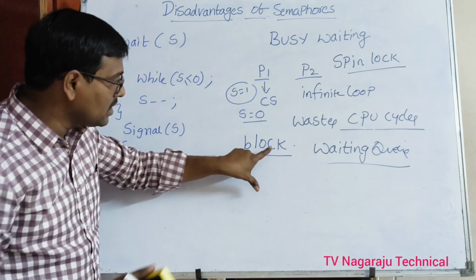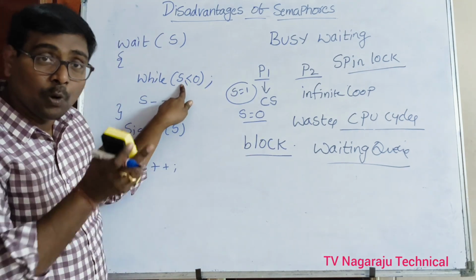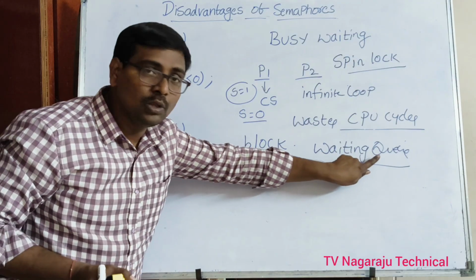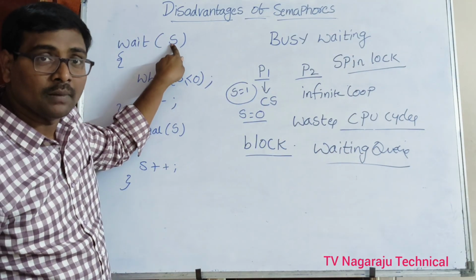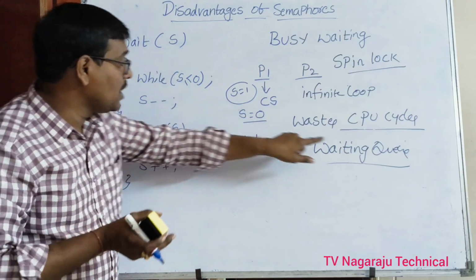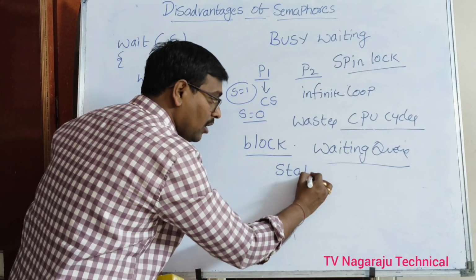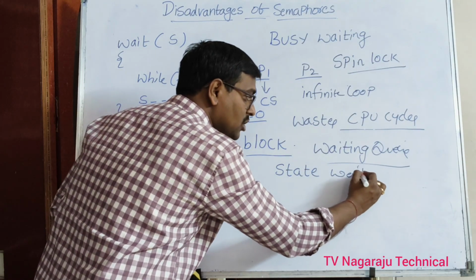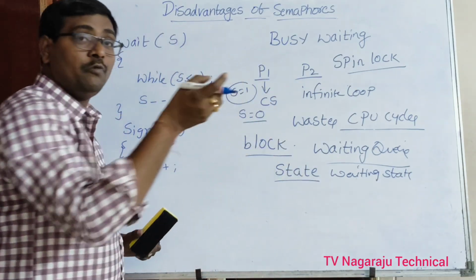Whatever process gets stuck here, that process is placed into the waiting queue that is associated with the semaphore. So the process that wants this semaphore is placed into the waiting queue, and the state of the process is changed to the waiting state.